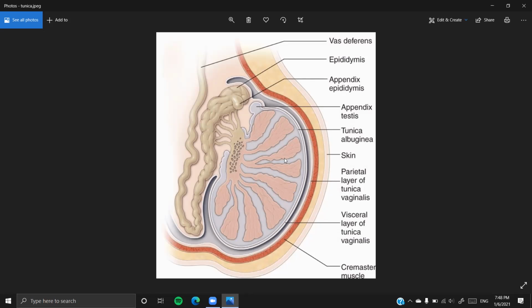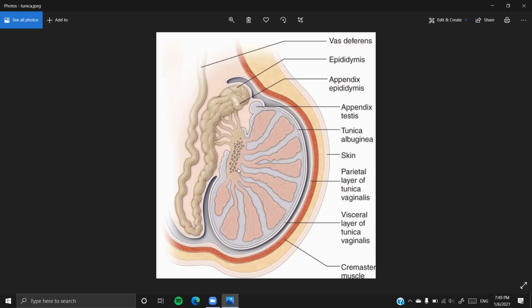Okay, and I just want you to see these septa which are formed here, dividing the testis into multiple lobules. Each lobule has structures like seminiferous tubules, and these seminiferous tubules give rise to straight tubules.